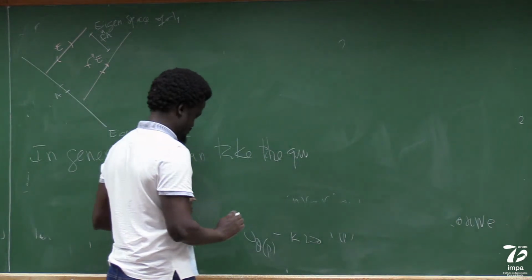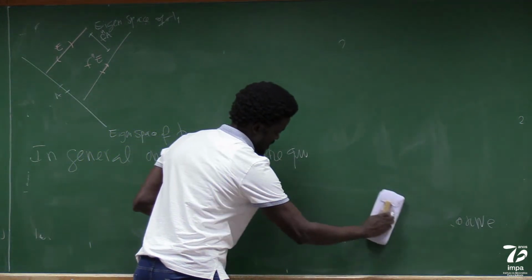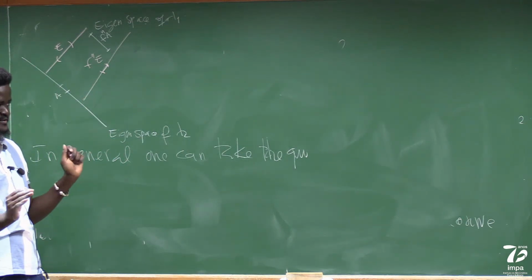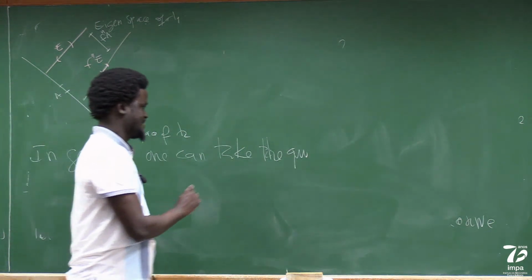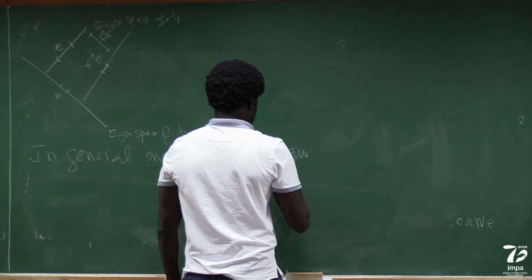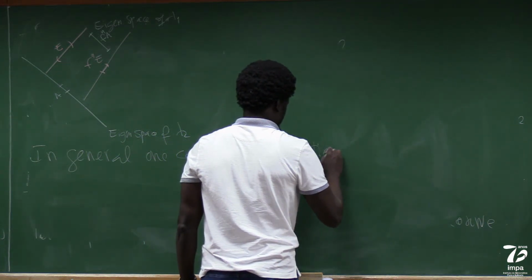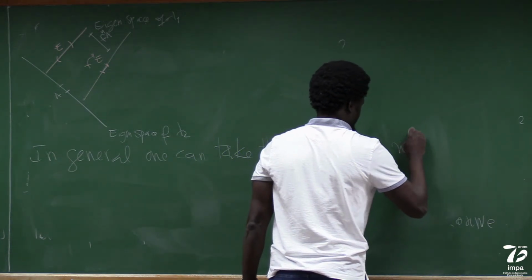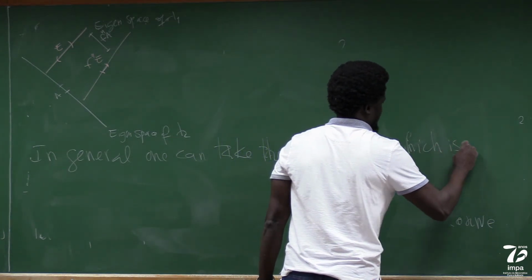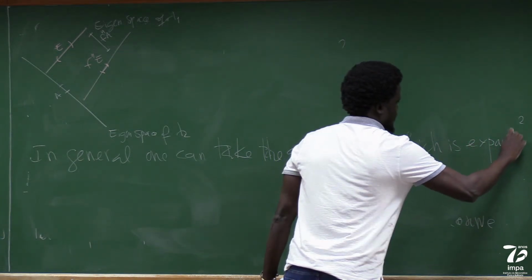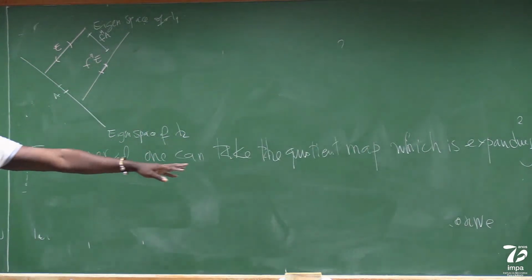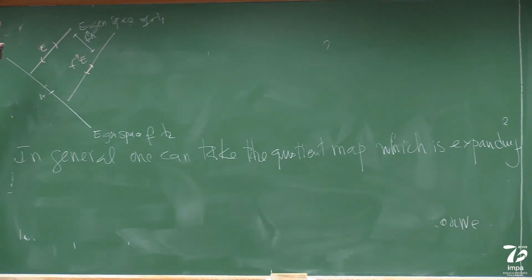So this is not something we will do, but this is just a motivation why we study expanding maps. In general, one can take a quotient map which is expanding. So if you know something about the quotient map, you can recover something about the dynamics. So that's why this is important to study.